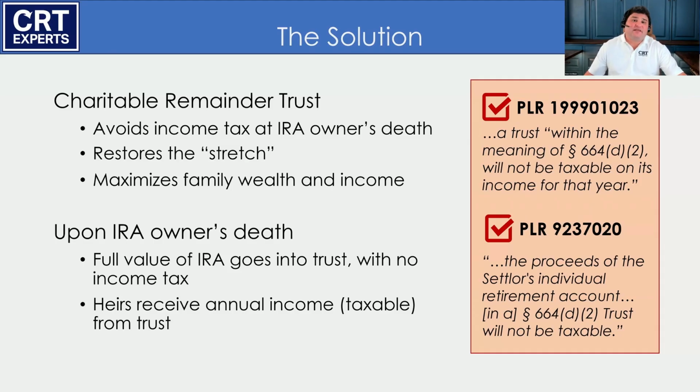In terms of the tax and legal authorities, you can see those up on the screen, very straightforward. During the 1990s, there were several private letter rulings that confirm that a qualified trust like a CRT can be the beneficiary of a qualified plan. And of course, we know that once the assets are inside of the CRT, it is exempt from tax.